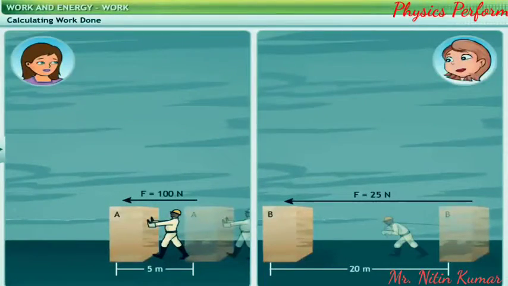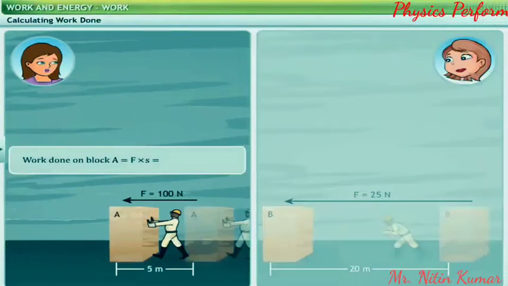Let me see. Even though the force applied and the displacement of the blocks in both the cases is different, the product of the force applied on the blocks and their displacement seems to be the same.